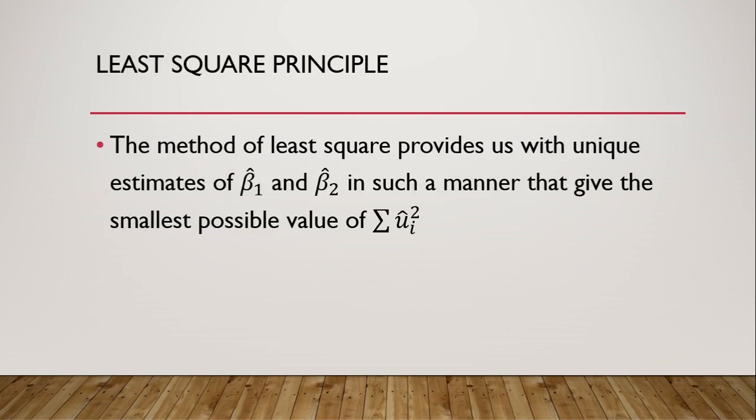So the method of least squares provides us with unique estimates of beta 1 hat and beta 2 hat in such a way that it gives the smallest possible value of sigma ui hat square.